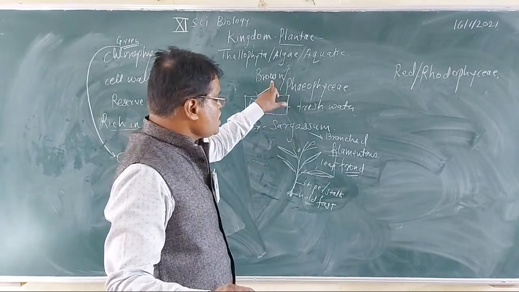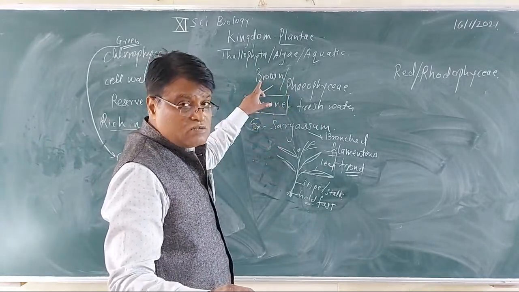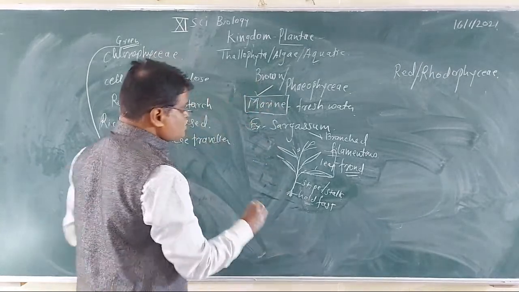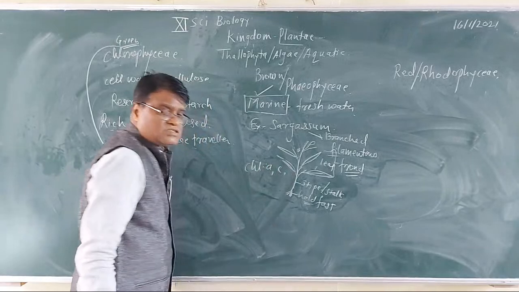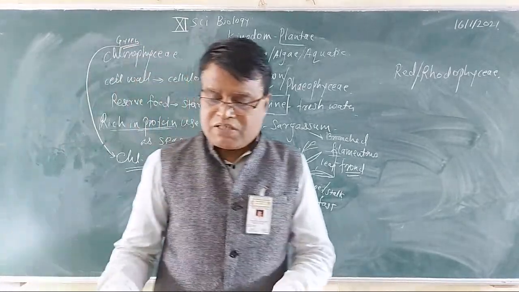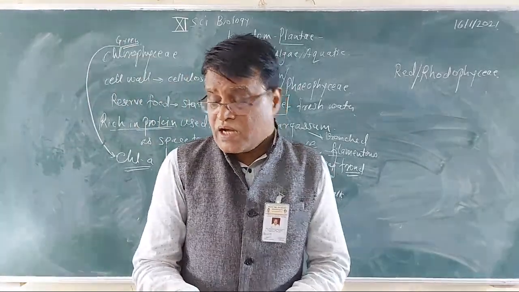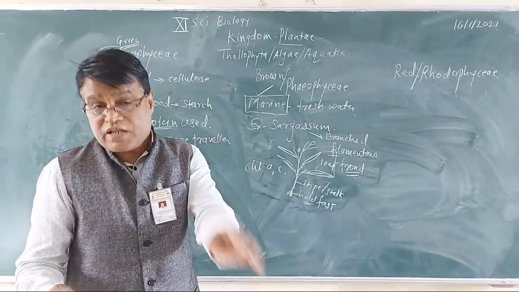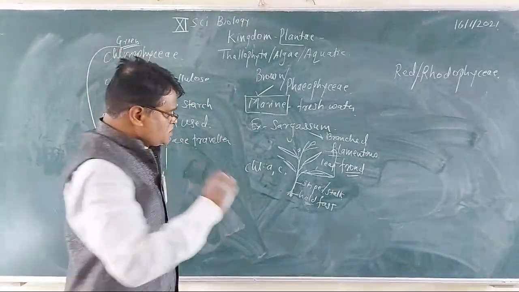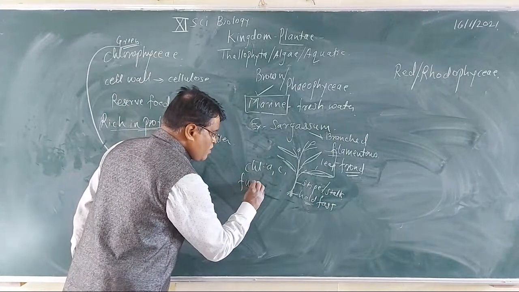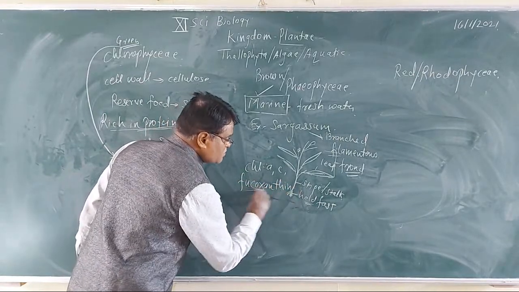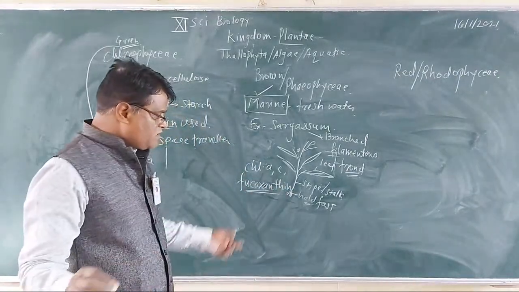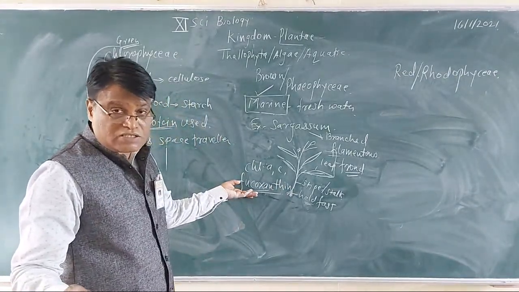Now sargassum is brown in color, meaning the pigments chlorophyll A and chlorophyll C are the basic pigments. And one more very important pigment is considered here, fucoxanthin. It's again one of the pigments seen, isn't it?